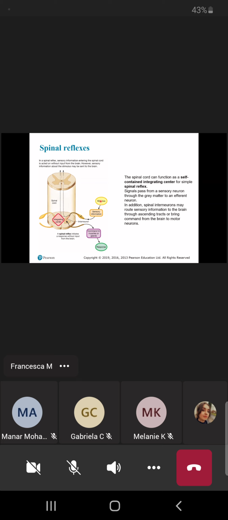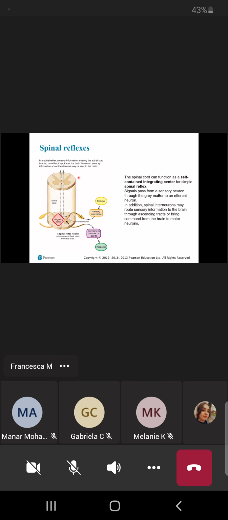So you have the stimulus, the information that moves through the afferent division, and it is elaborated in the spinal cord. And it's the spinal cord by itself that, thanks to the elaboration of this information, sends the output, and so we have the response to the stimulus. In this case, we do not have the involvement of the brain. Of course, the information can also be sent to the brain, but for simple spinal reflexes, this information can be elaborated in the spinal cord by itself.